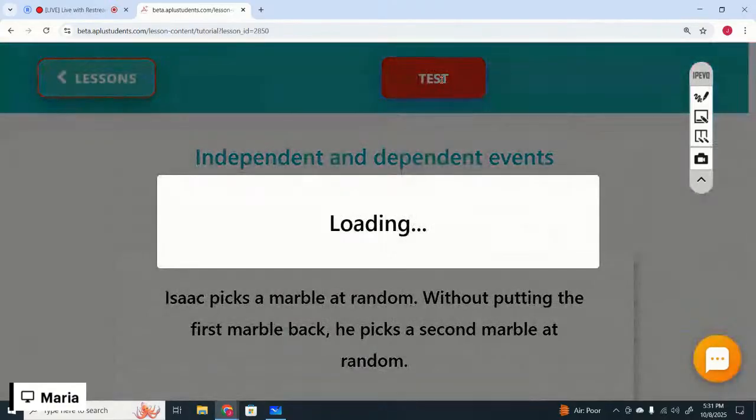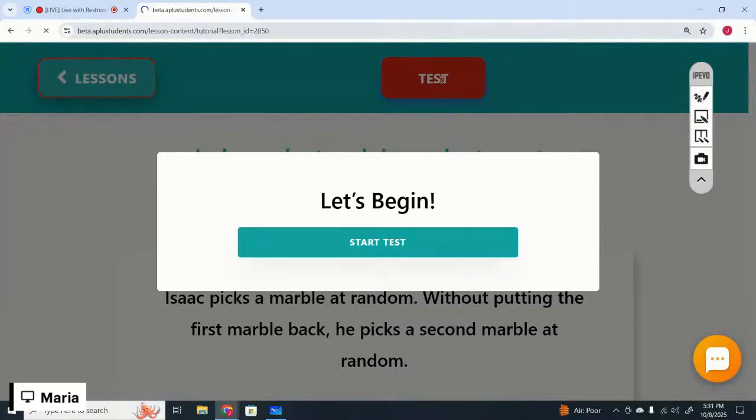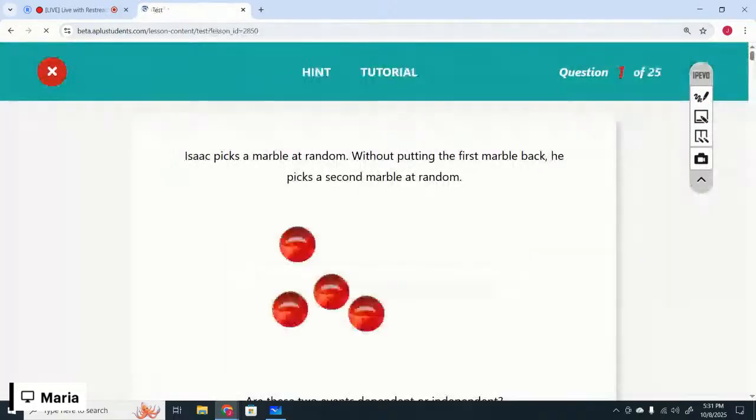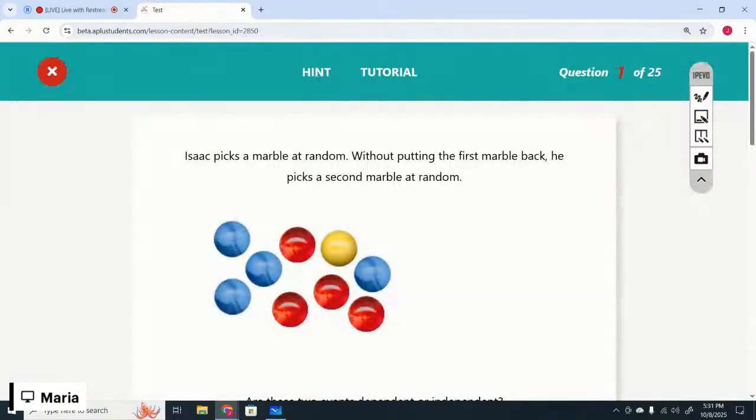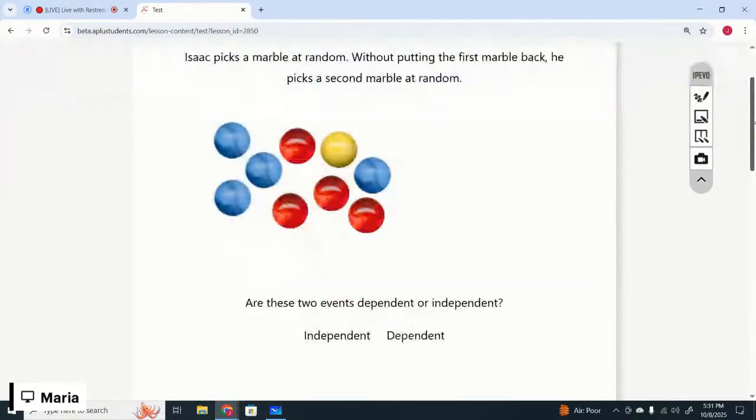Let's just start with the test questions. Isaac picks a marble at random without putting the first marble back. He picks a second marble at random. Are these two events dependent or independent?